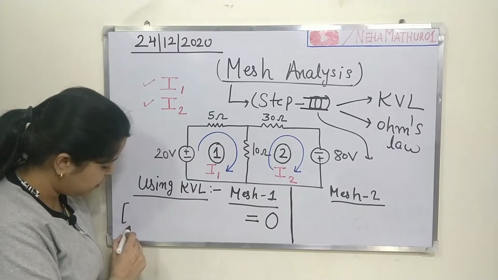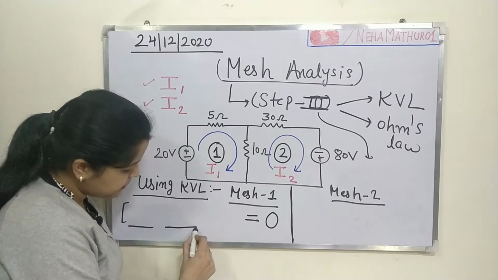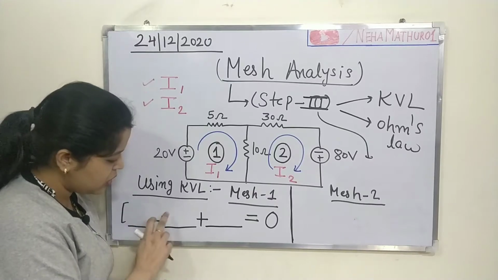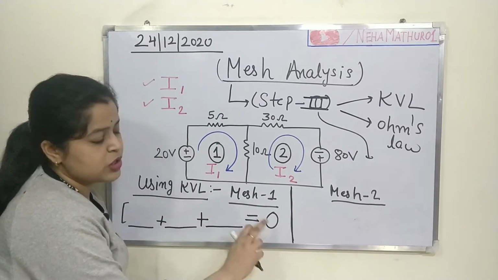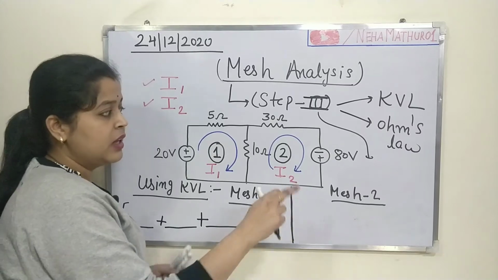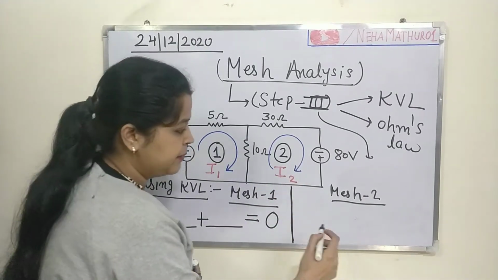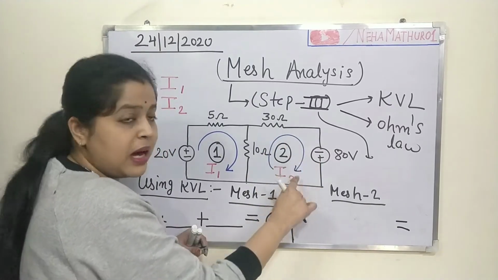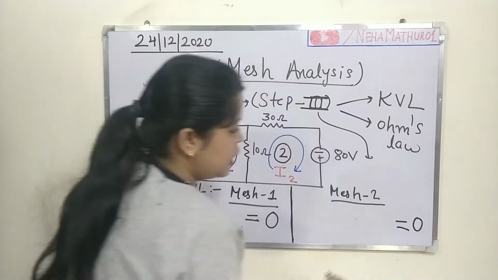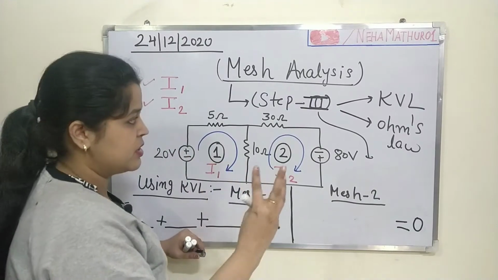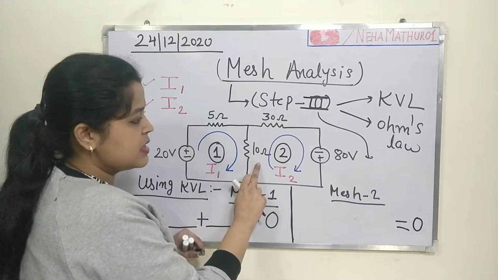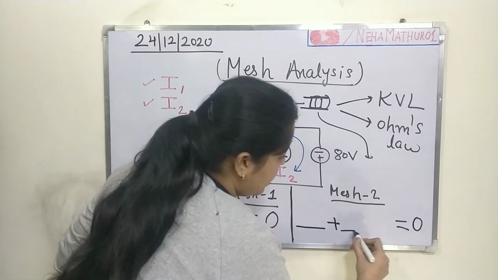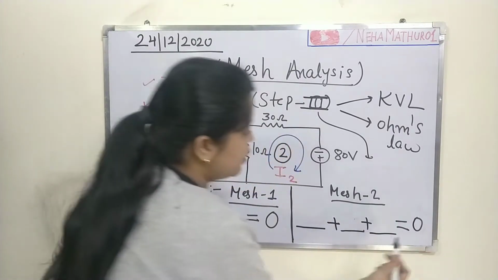So here you will have to take 3 terms, and the sum of the voltage drops across these 3 is always equal to 0. Similarly, for the second mesh, again the voltage drop across this closed path is equal to 0. So here again you have 3 elements, this resistor and this battery. So the total voltage drop across these 3 is equal to 0.